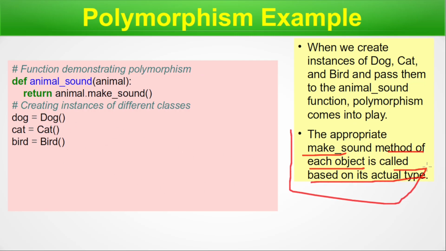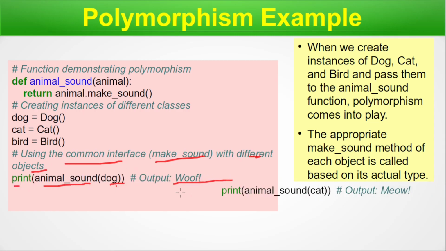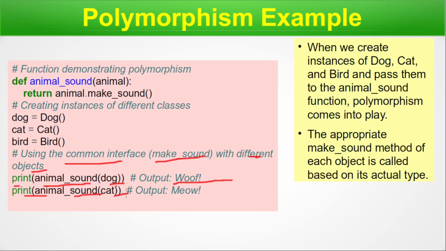So this selector part, whatever there is a polymorphism, but it has to select the correct one, that is done through this programming using the common interface make sound with different objects. Print animal sound, then dog, it outputs woof. Print animal sound, then cat, here it outputs meow. Animal sound, then bird, outputs tweet.